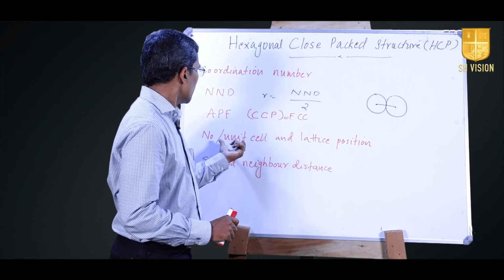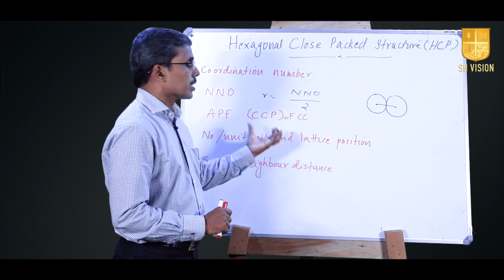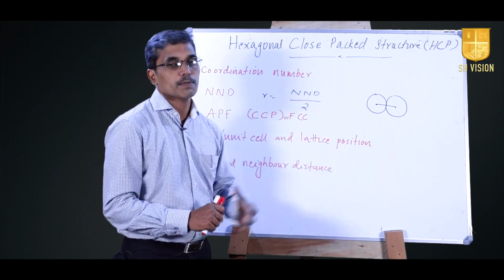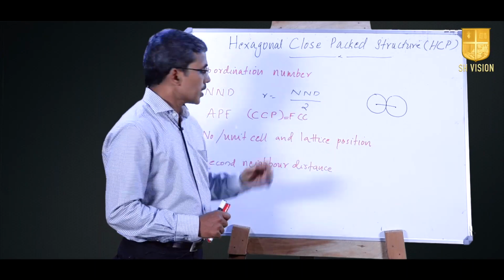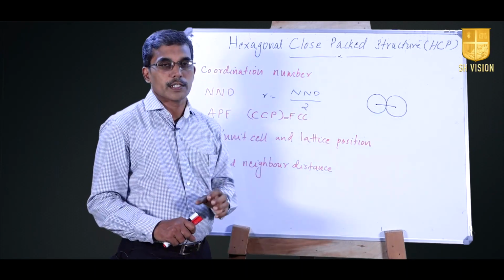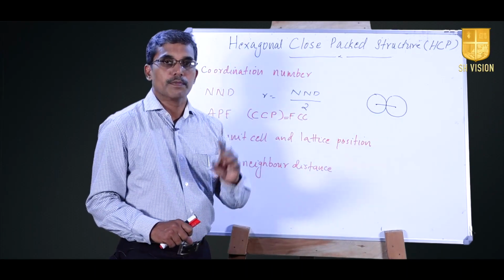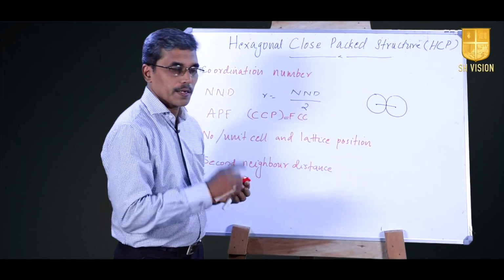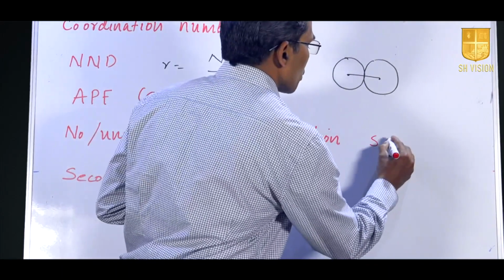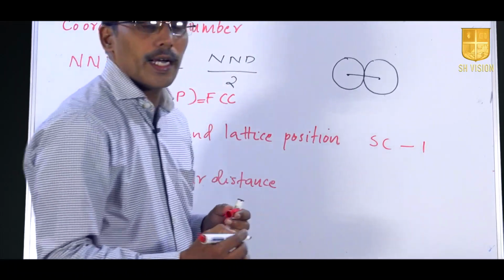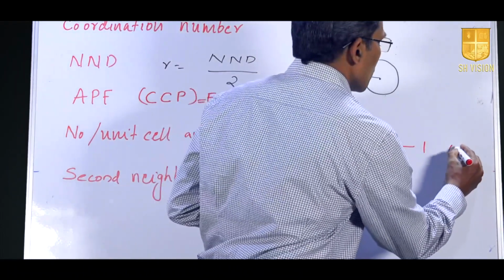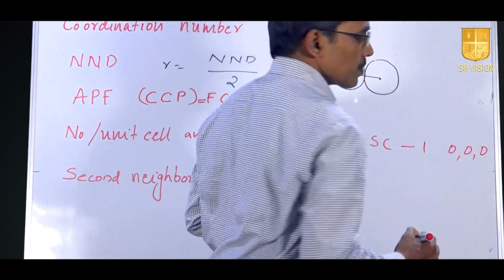And then next we had seen the number of atoms per unit cell and their lattice positions. In the case of simple cubic crystal structure, the number of atoms per unit cell was found to be 1, and it was given the lattice position 0, 0, 0.